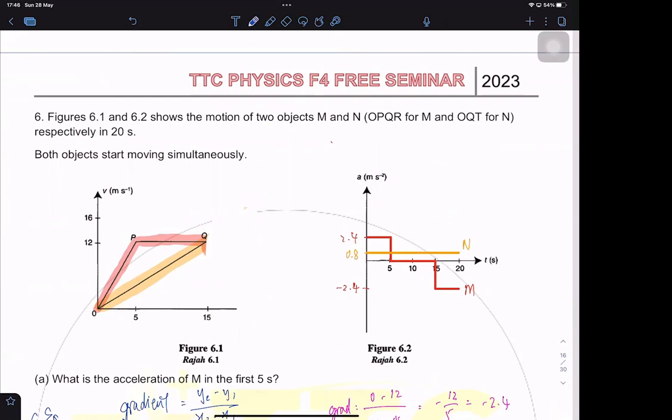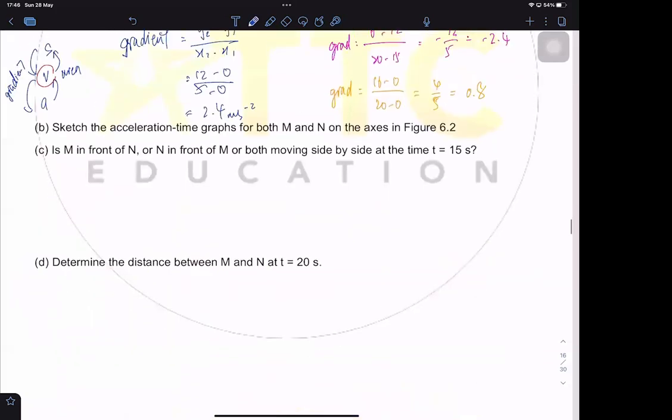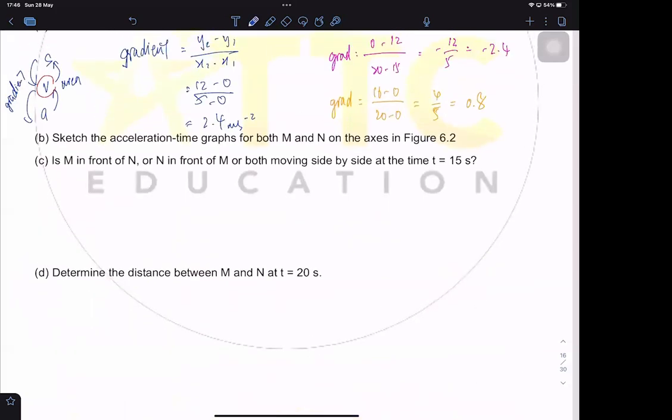Okay, so let's see. How do you tell whether someone is ahead or not? If you're not watching them move, how can you tell whether someone is ahead? You can look at their total distance traveled.